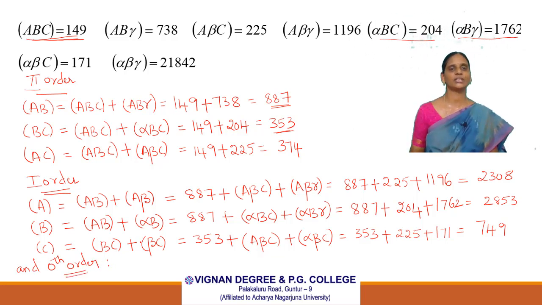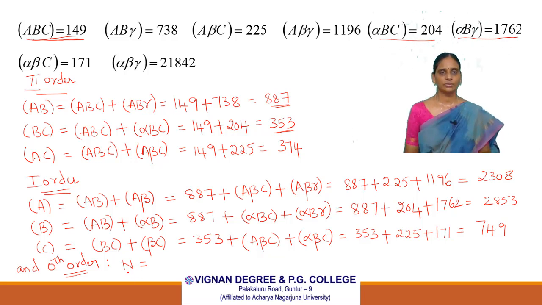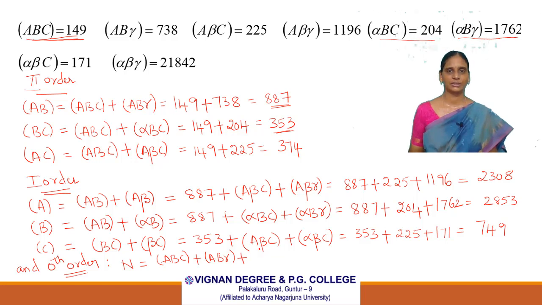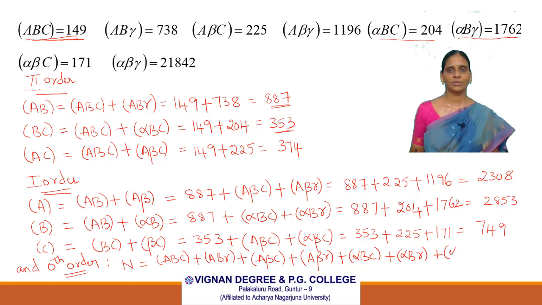In the 0th order, the corresponding class frequency is capital N. So now we have to find out the value of capital N. That is equal to frequency of ABC plus frequency of AB gamma plus frequency of A beta C plus frequency of A beta gamma plus frequency of alpha BC plus frequency of alpha B gamma plus frequency of alpha beta C plus frequency of alpha beta gamma.